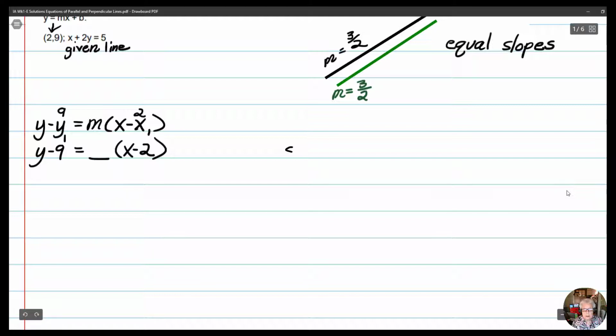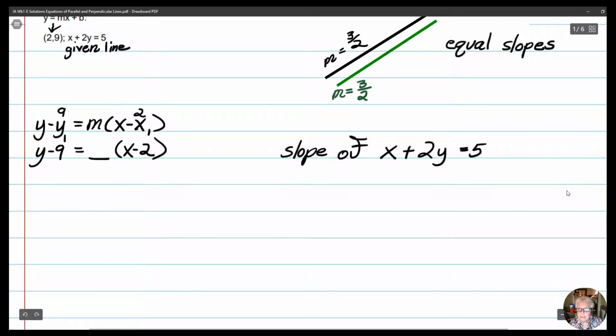So the slope of x plus 2y equals 5. What should I do? Well, I'm going to do this. I'm going to erase the 5. It's positive, right?